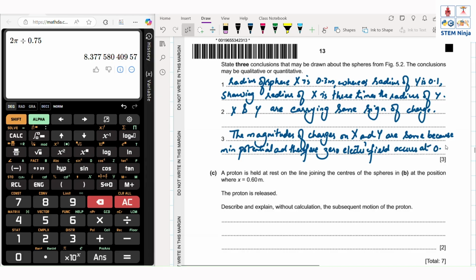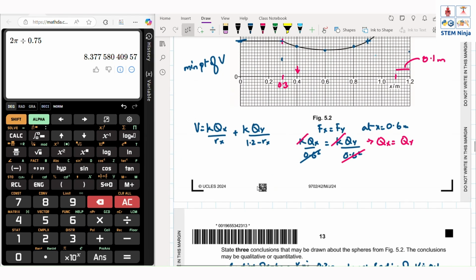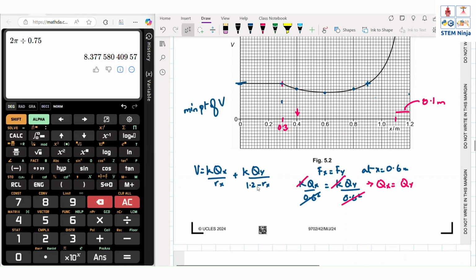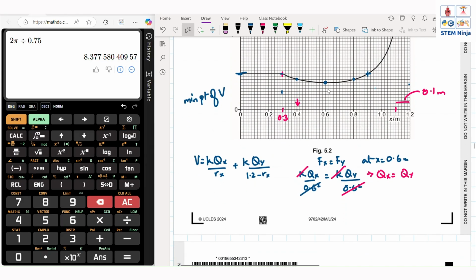Now, a proton is held at rest on the line joining the centers of the spheres in B at the position where x is 0.6. The proton is released. Describe and explain, without calculation, the subsequent motion of the proton. Okay, so first off, we have already said that at this point, electric field strength is 0.